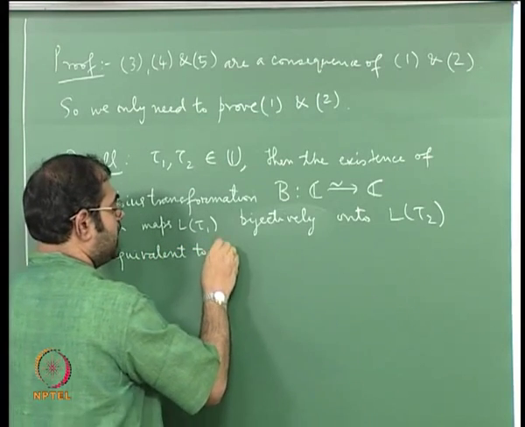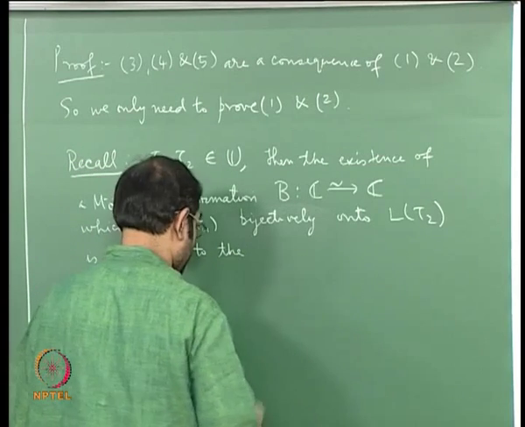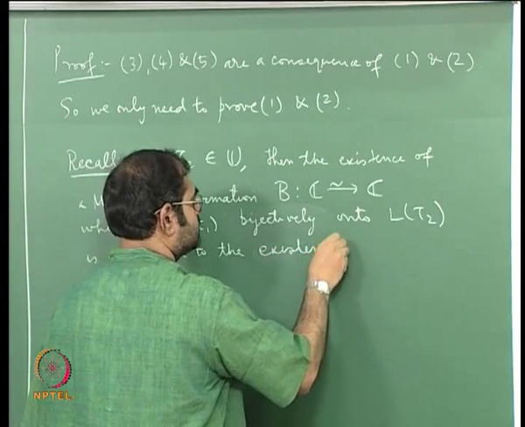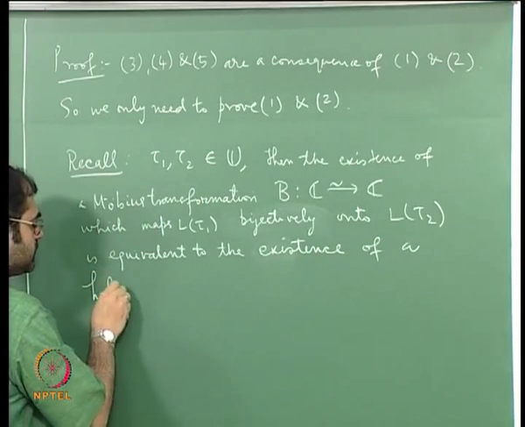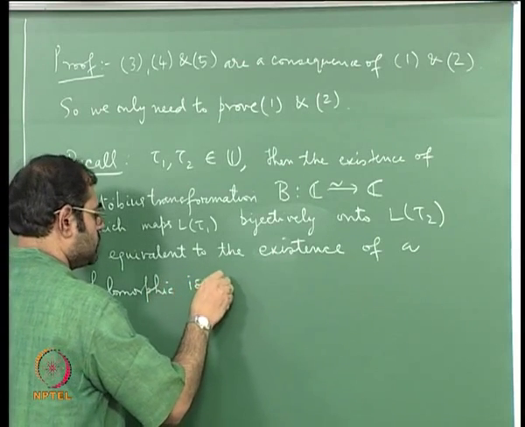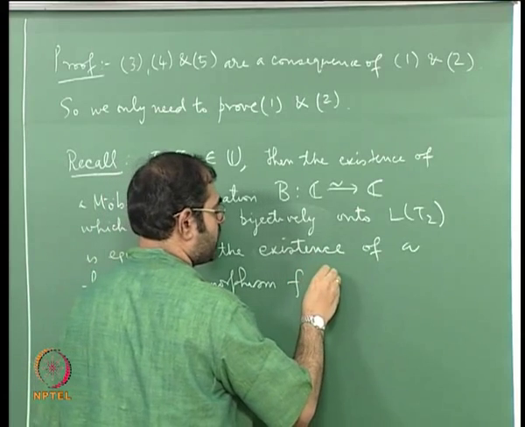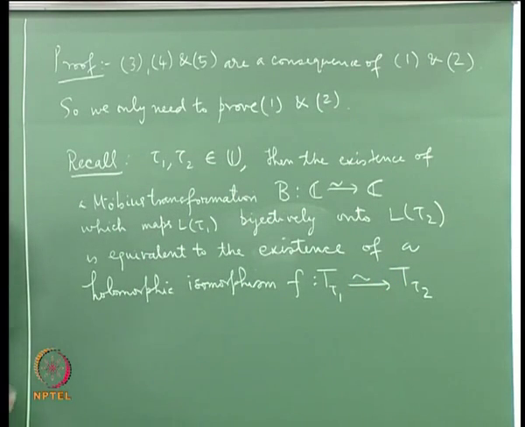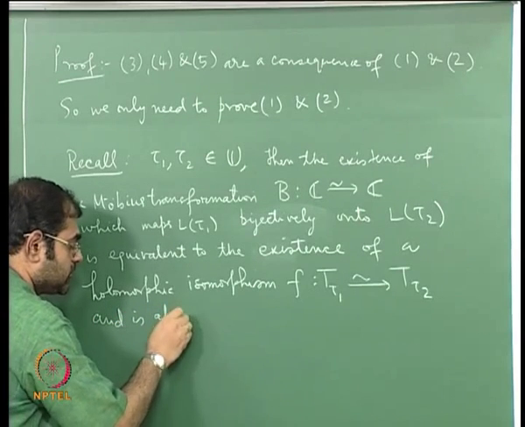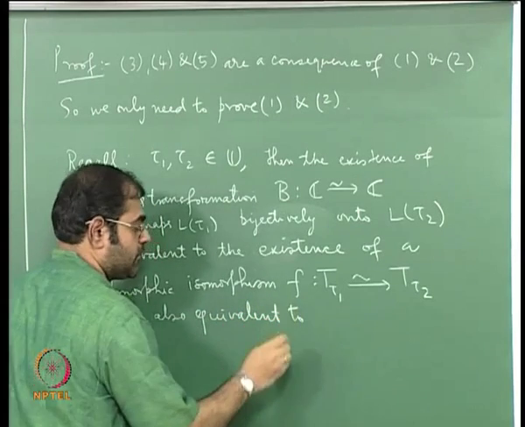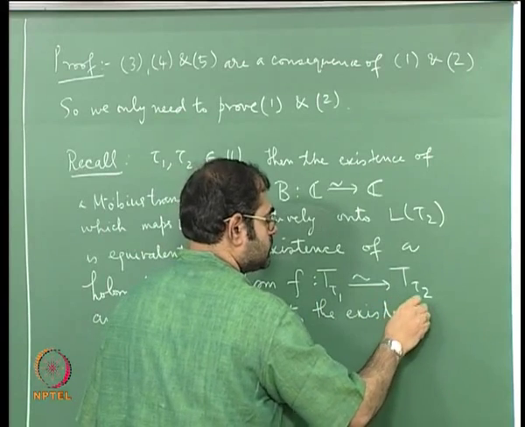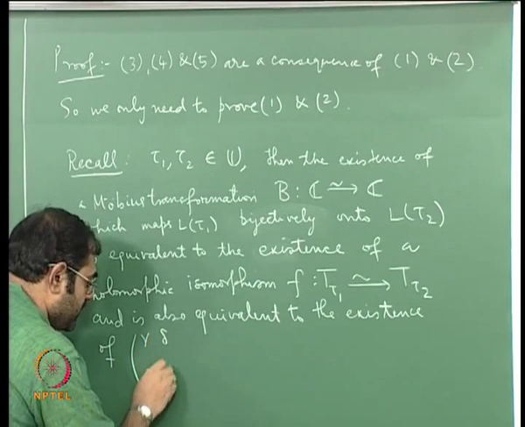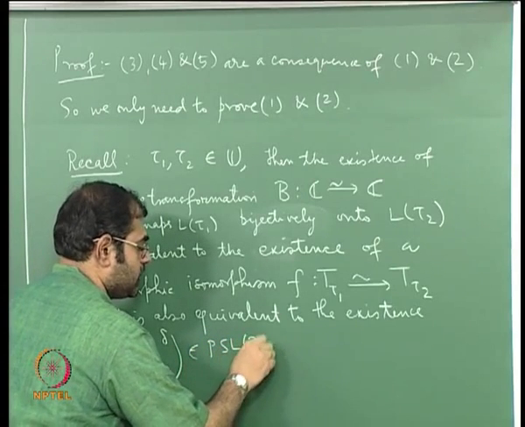to the existence of a holomorphic isomorphism f from the complex torus defined by tau 1 to the complex torus defined by tau 2, okay, and is also equivalent to the existence of a unimodular element gamma delta alpha beta in PSL2C, okay.